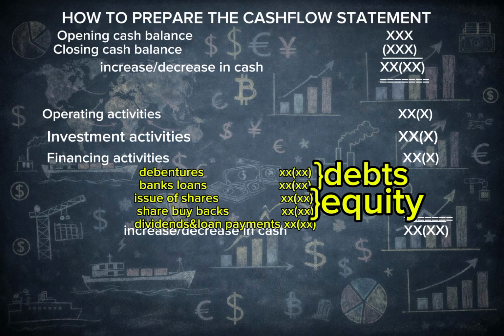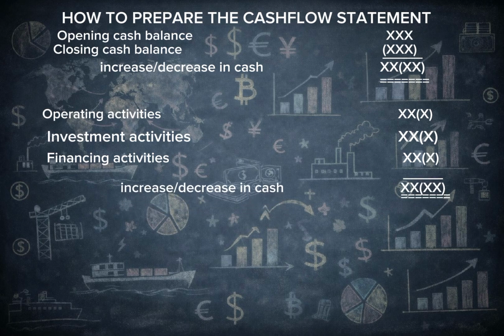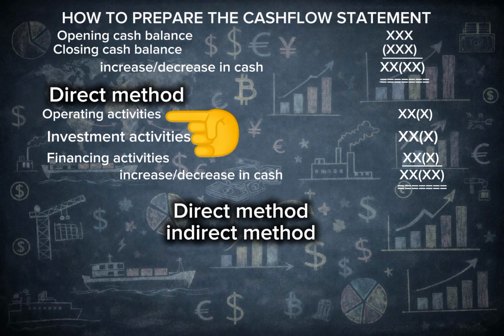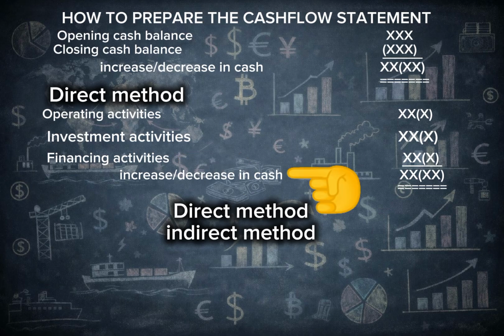There are two main methods of preparing the cash flow statement: the direct method and the indirect method. The direct method shows actual cash received and actual cash paid out in our operating activities, investment activities, and financing activities to show the increase or decrease in cash for that accounting period.